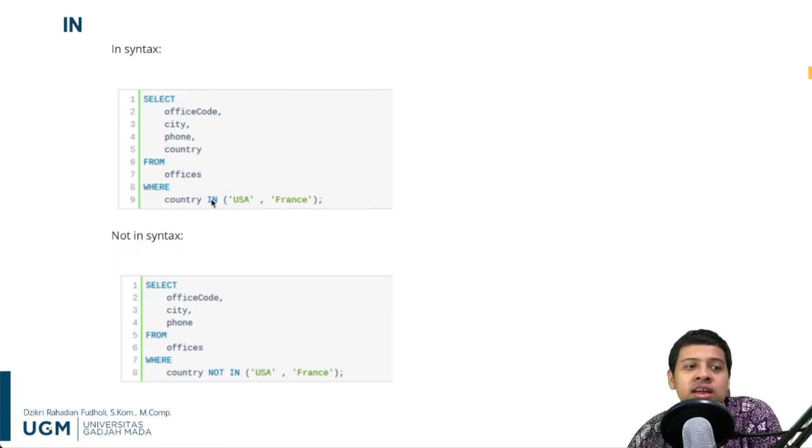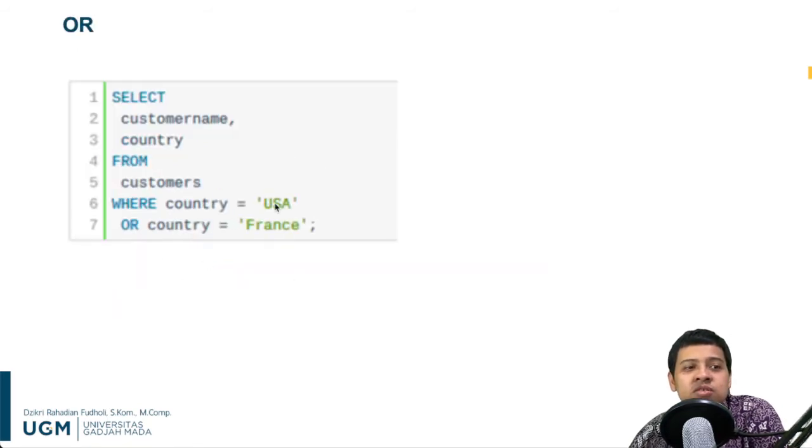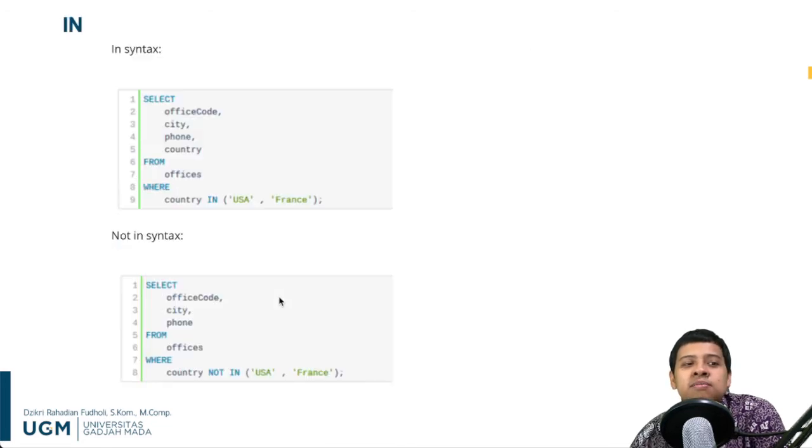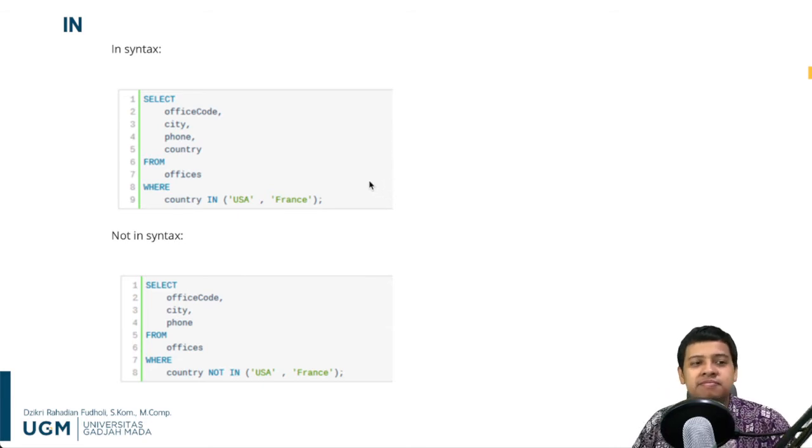WHERE country IN USA or France is the same as WHERE country is USA or France or whatever. But if we use this kind of statement, it is more precise and prettier. And this is the IN syntax.